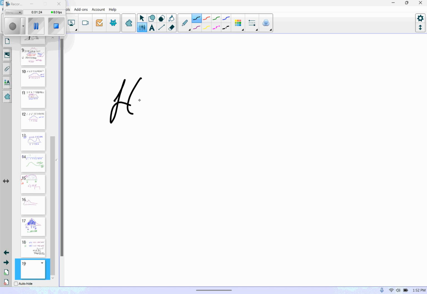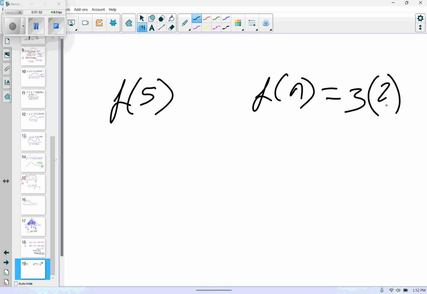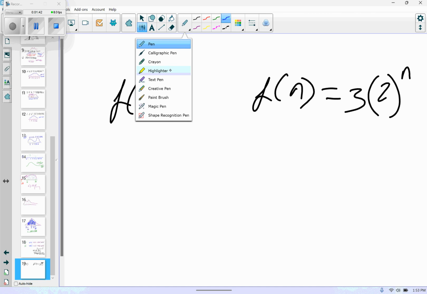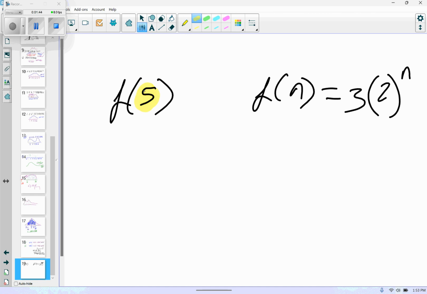All right, so we want f at 5. So I'm going to look at the f at n equation, which is this. So this 5 goes here. 25, I believe.